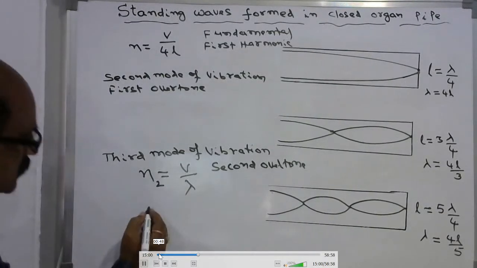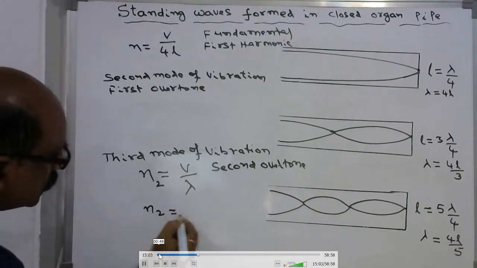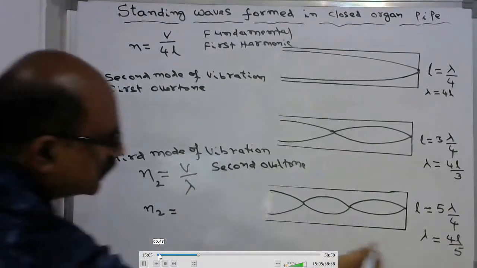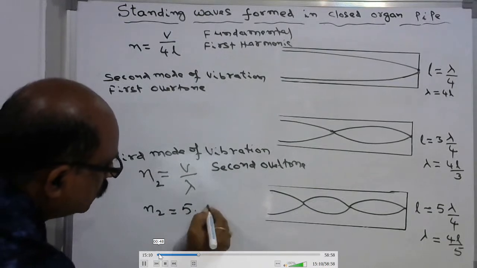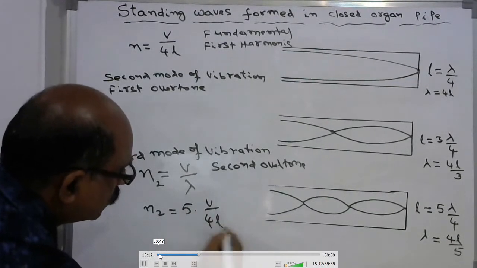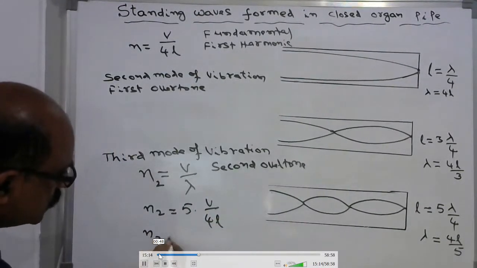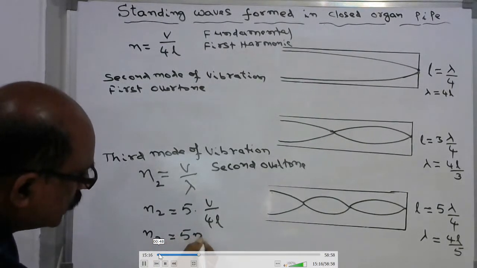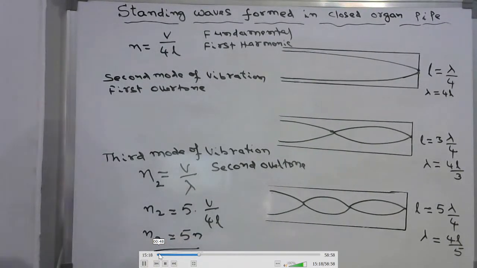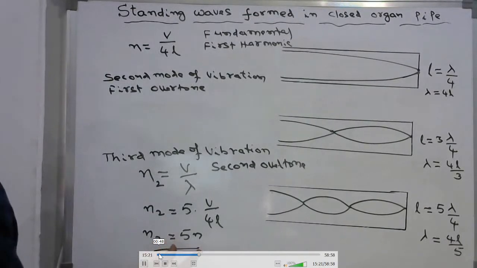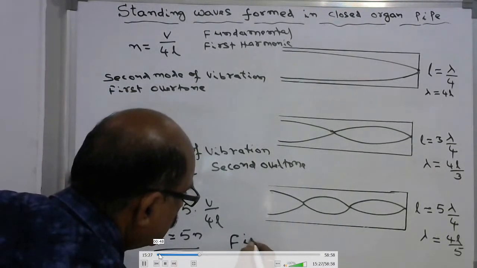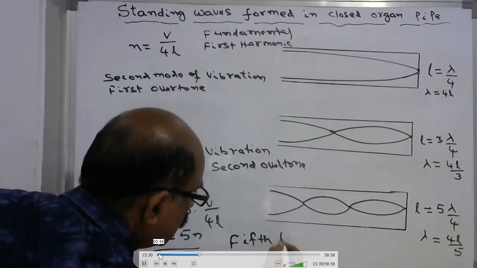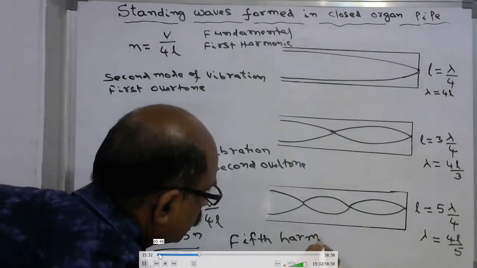Now let us find the value of n2. Instead of lambda, you substitute here 4L by 5. We get 5 multiplied by V by 4L. So in this case, n2 is equal to 5n. So we got the fifth harmonic. In this mode, we got only the fifth harmonic.